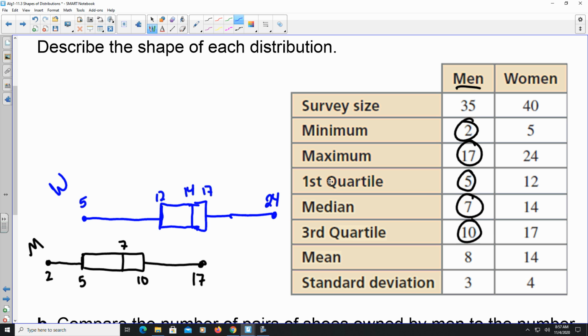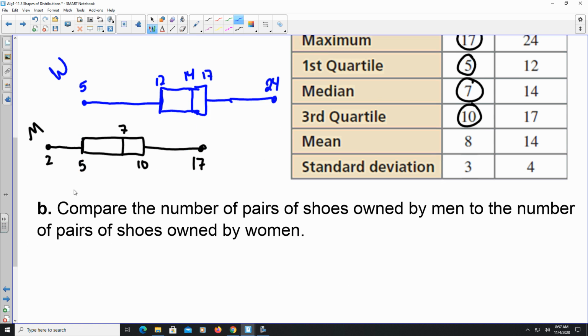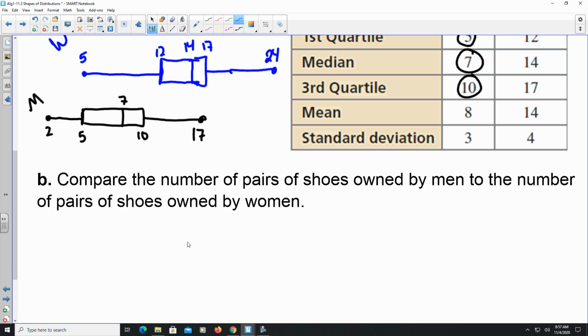All right, so they want you to compare the number of pairs of shoes owned by men to the number of pairs of shoes owned by women. So I would say, by the looks of the box and whisker plot, the centers and spreads of the two data sets are quite different.